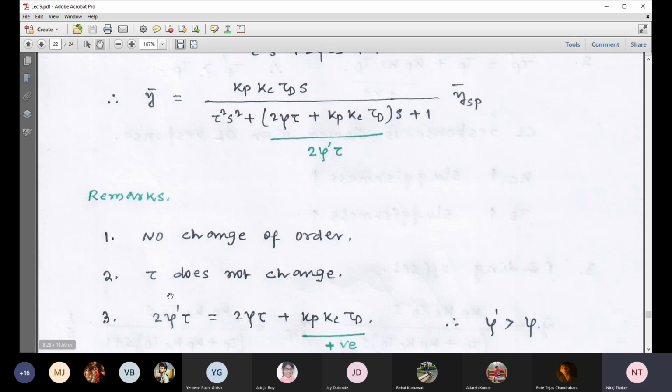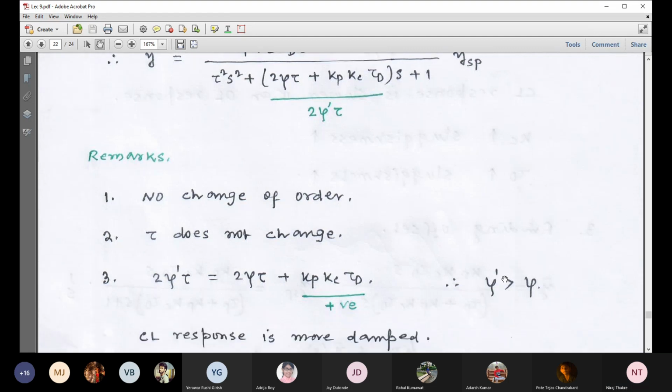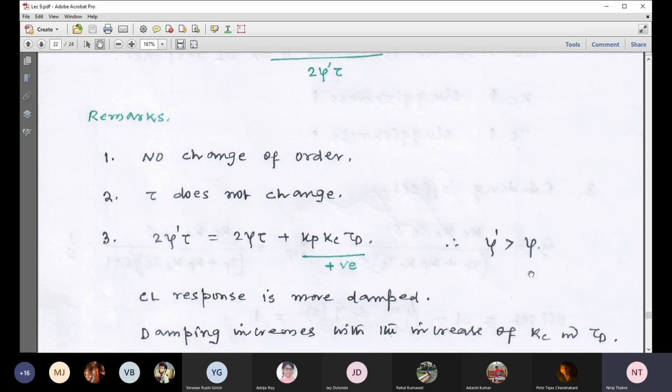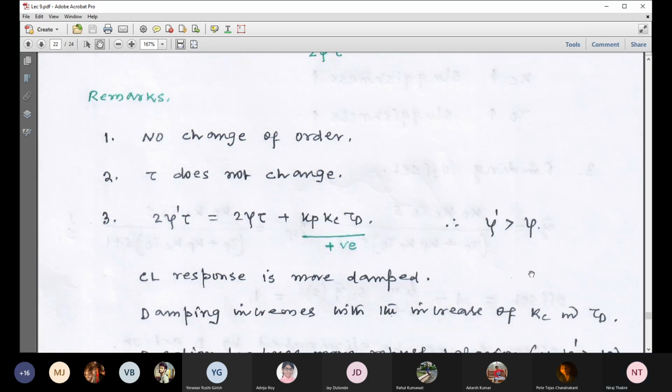Again, in this expression all are positive, provided Kp Kc is considered a combined term. That means for the closed loop process, we are having more zeta. So after including the controller, we are getting sluggish response.